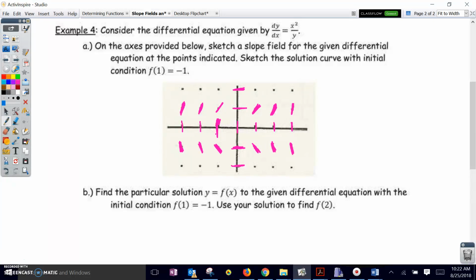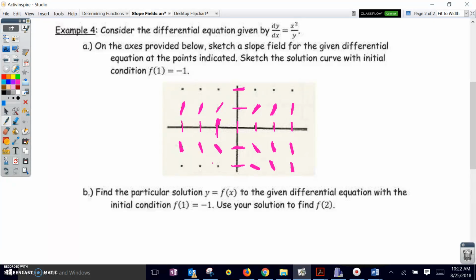So let's see. When x is 1 and y is negative 2, the slope will be negative 1 half. And then negative 4 halves, or negative 2, and then negative 9 halves.